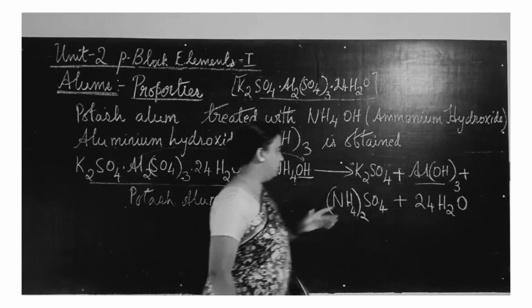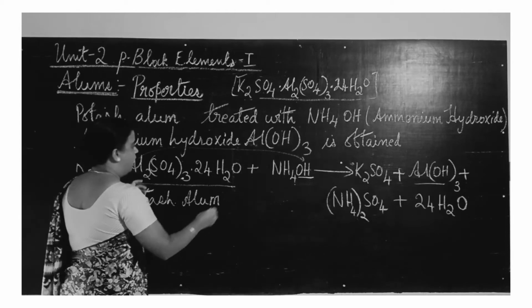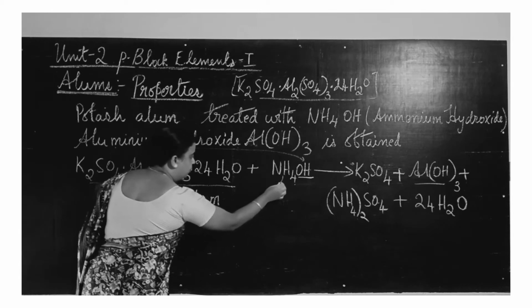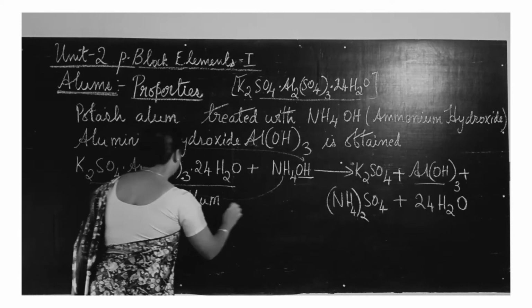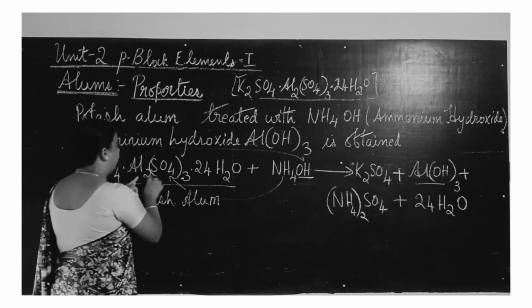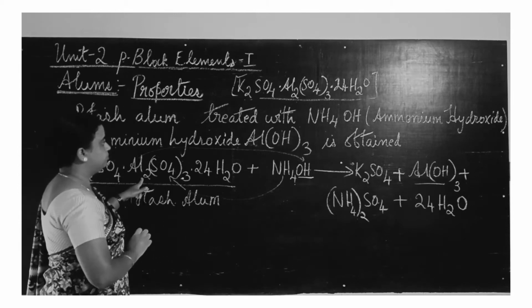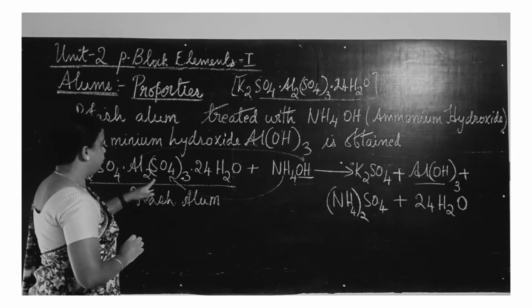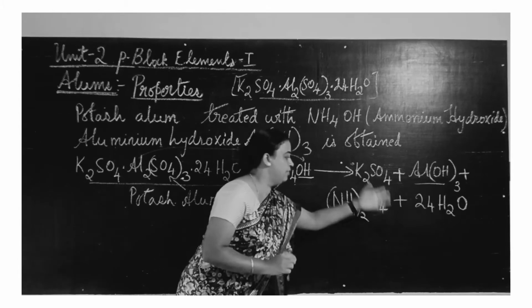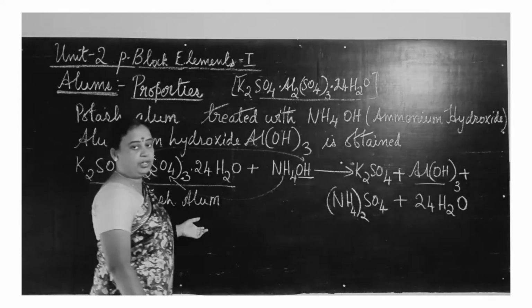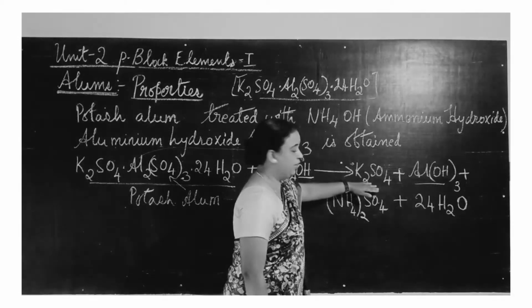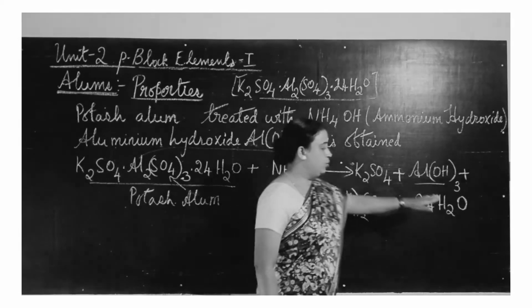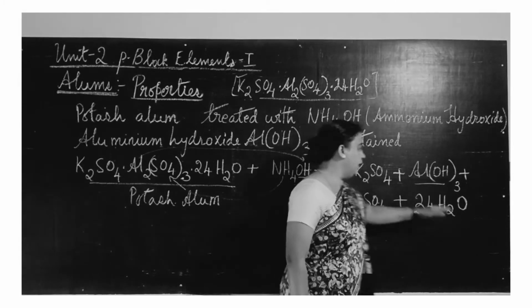It forms aluminium hydroxide. Likewise, NH4 of ammonium hydroxide combines with the sulfate of aluminium sulfate to form ammonium sulfate. Got it? So likewise, potassium sulfate, as I said, is retained. 24 water molecules are also retained.